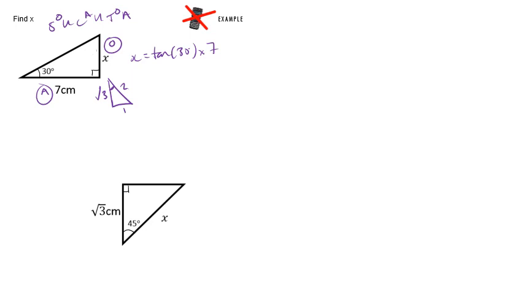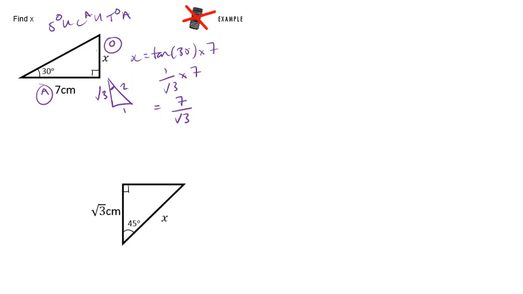And tangent is the opposite, so that's going to be 1 divided by the adjacent, so that's going to be root 3, times 7. So just sketching this triangle quickly is enough just to remind you of what this value needs to be here. So tidying this up, we can write that just as 7 divided by root 3.